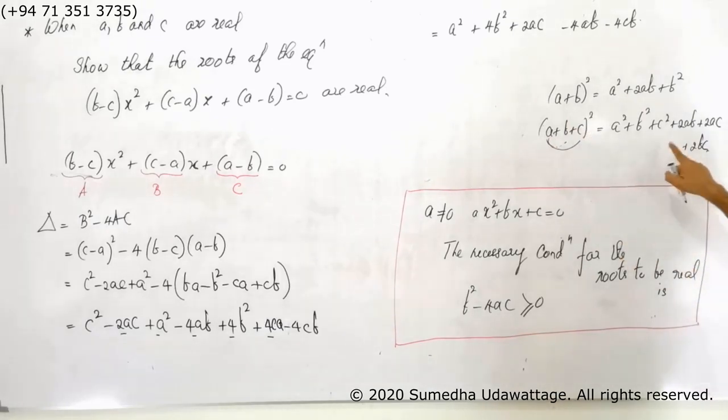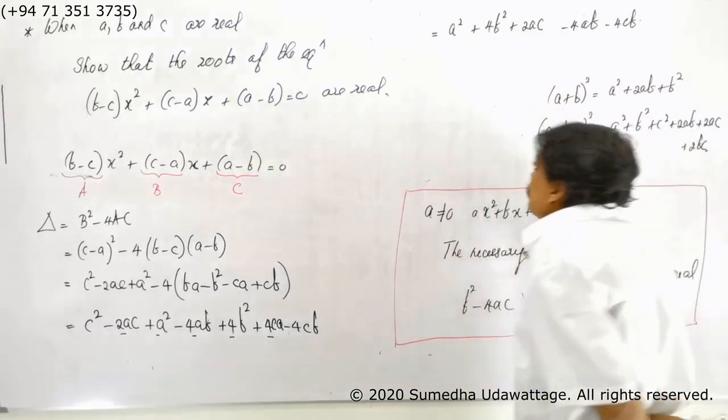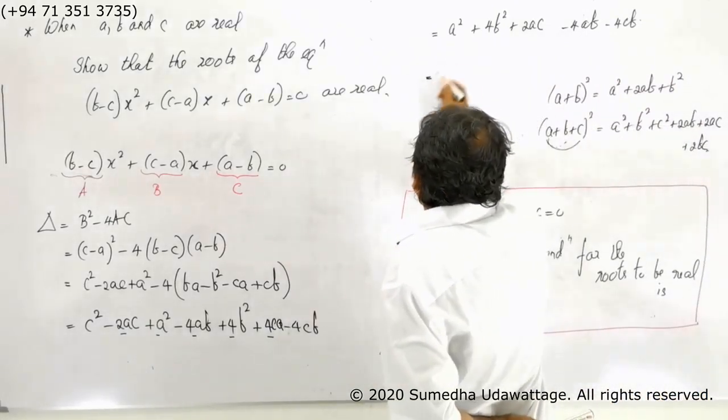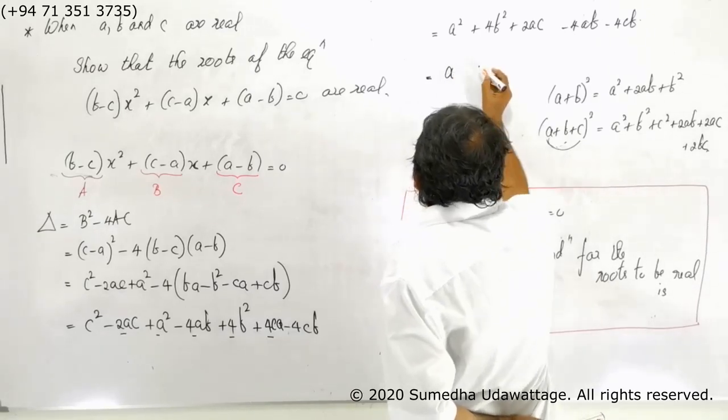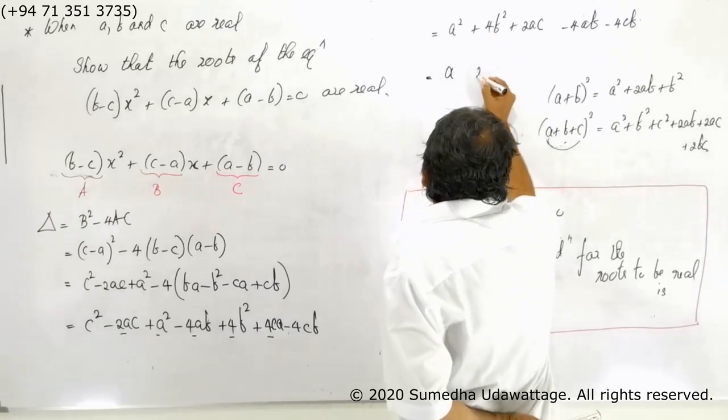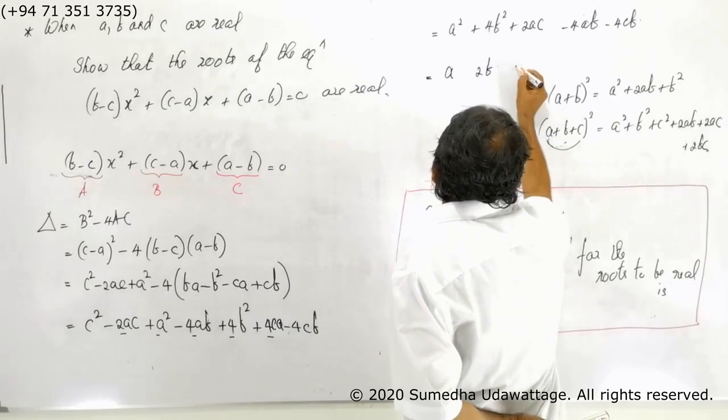If you try to implement this theory here, if I take a squared, the complete root of it is a. For b squared, the complete root is 2b.